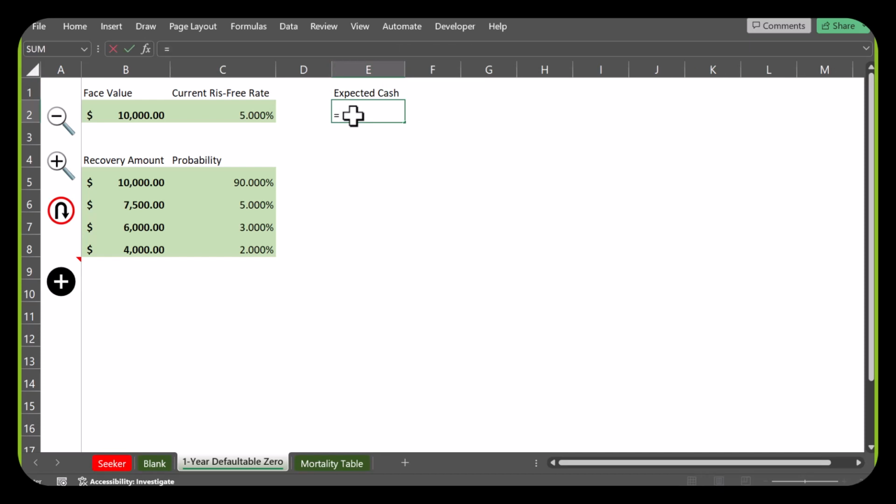Well, that's just expected value, which means I'm going to sum product these and their probabilities. That means for each recovery amount, I'm going to multiply that amount with the probability of getting that amount, and I'm going to add those products, hence the sum product.